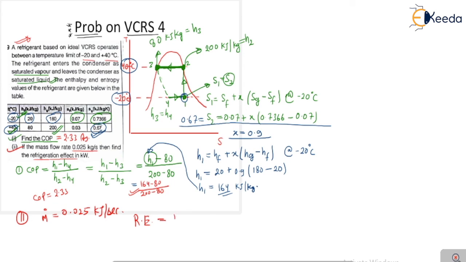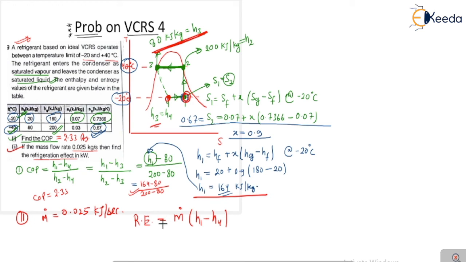That means the refrigeration effect is nothing but mass flow rate times (H1 minus H4). What is the value of H1? H1 value is this. And H4 value is nothing but the H3 value. And what is your H3 value? This 80. Is it right?